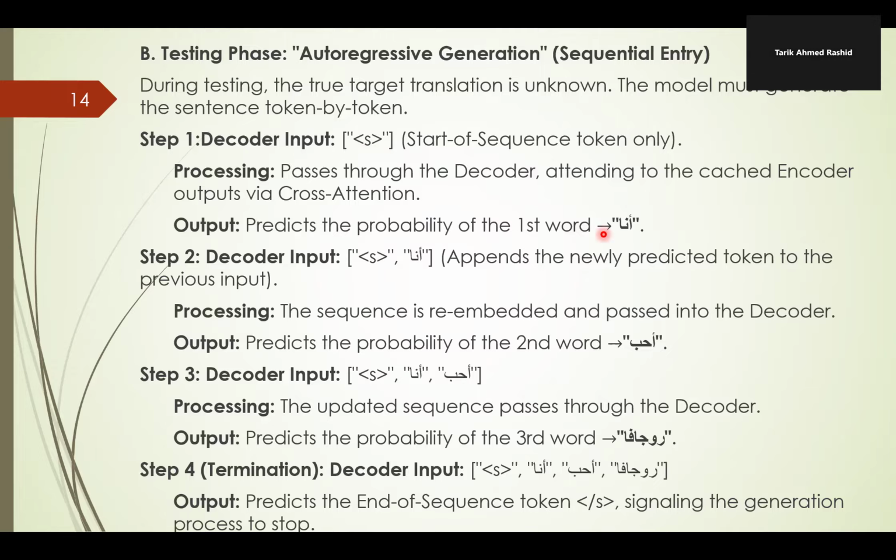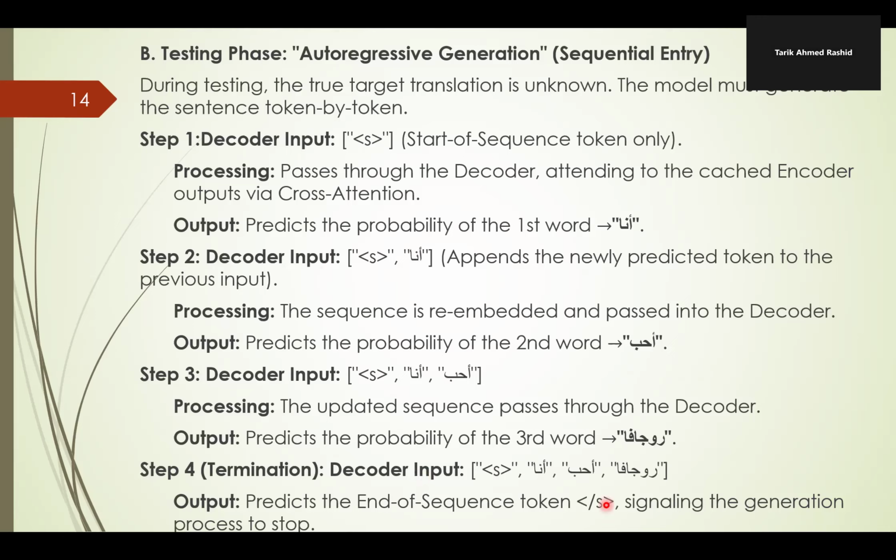So we predict ANA. Then ANA will be added to the decoder input in the next step, and once added, it will be fed to the decoder. It will be processed, and we predict AHAB. Then AHAB will be added to the decoder input in step three, because we have 3 words. Then we get Rojava, and Rojava will be added.